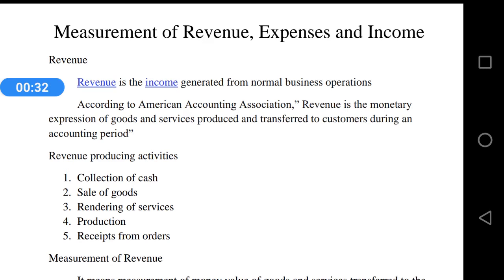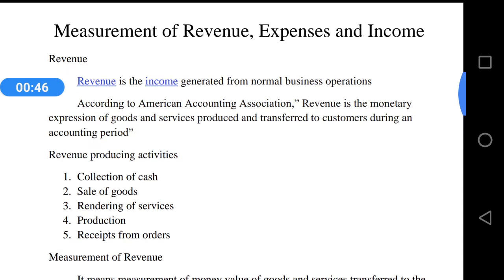So revenue is the income generated from normal business operations. According to the American Accounting Association, revenue is the monetary expression of goods and services produced and transferred to customers during an accounting period. So here, revenue is nothing but consideration received from sale of goods and services.